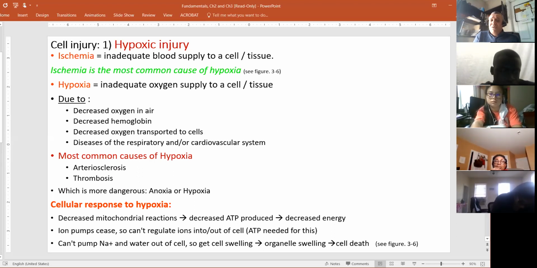So it becomes sclerotic as well, stiff. So atherosclerosis could also result in arteriosclerosis, the stiffness of the wall of the arteries. Thrombosis, which is the blood clot, DVT, deep vein thrombosis, cerebrovascular accident, acute myocardial infarction, all would result in hypoxia to that respective tissue or organ.